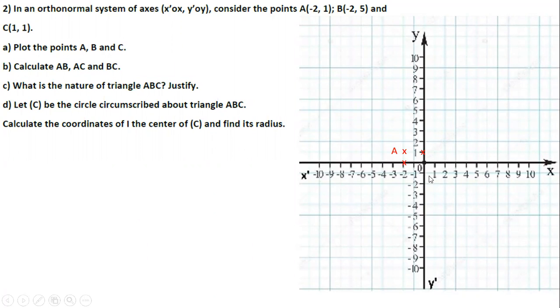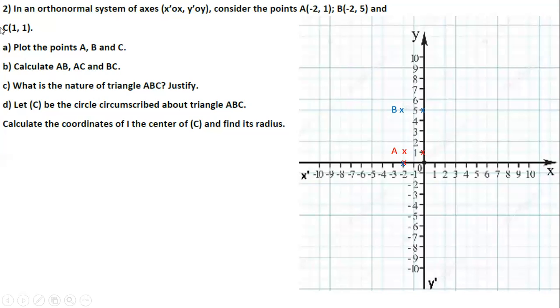Minus 2 abscissa, and 5 ordinate. If I draw a vertical line and a horizontal line from minus 2 and 5, I get B here. Now point C is (1, 1).